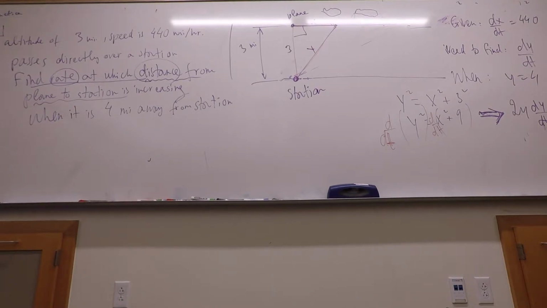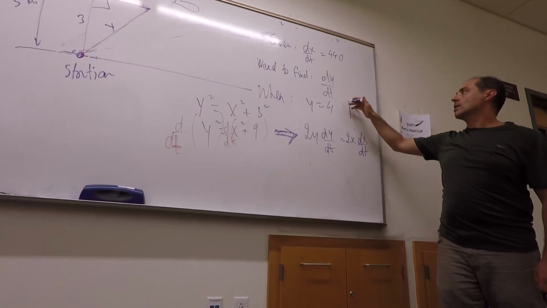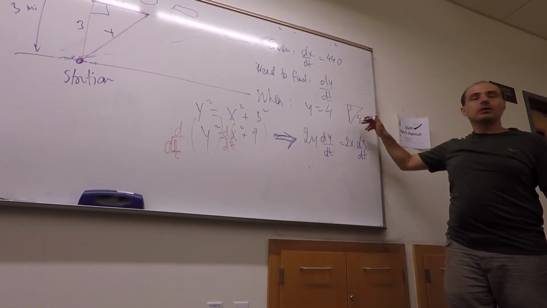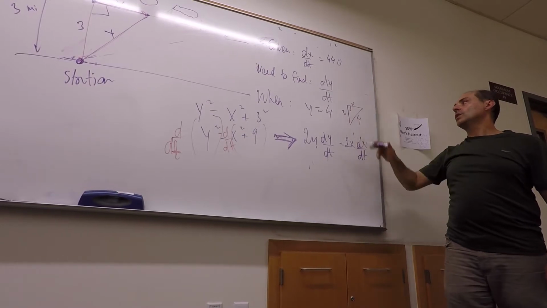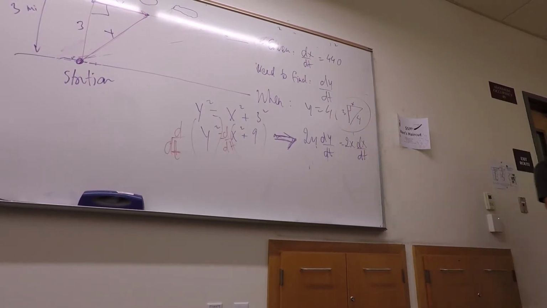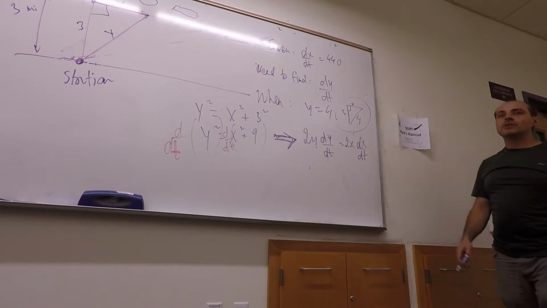And how about x and y? We have the y, so what we are missing is x. But when y is 4, can we figure out the x? Y is 4, this is 3, so we need the x at this moment. We'll just use that.